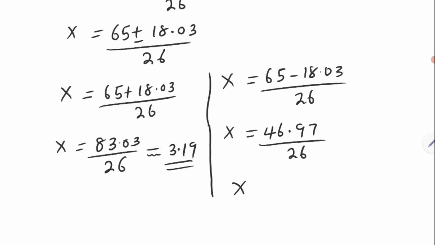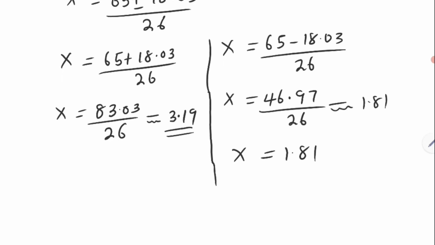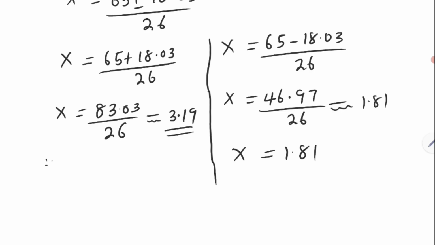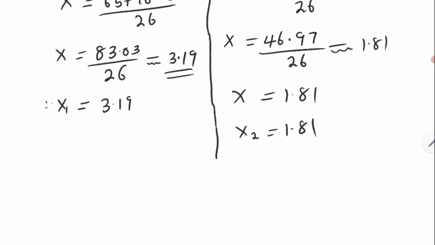Then S is equal to 1.81, because this is approximately equal to 1.81. Therefore, S1 is equal to 3.19 and S2 is equal to 1.81. We've gotten the value of S1 and S2.